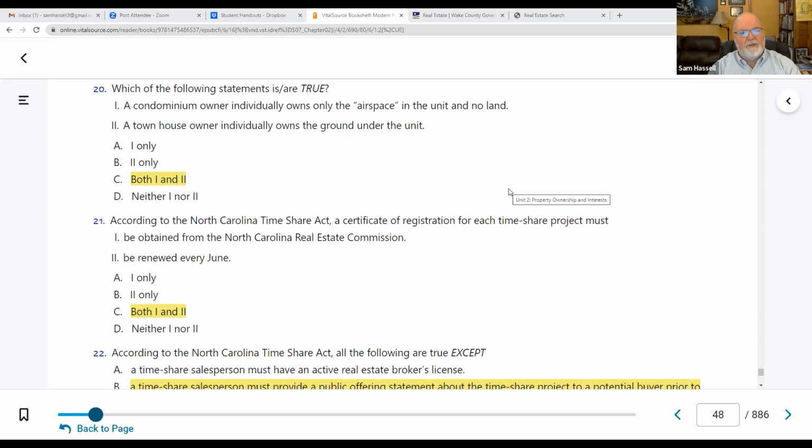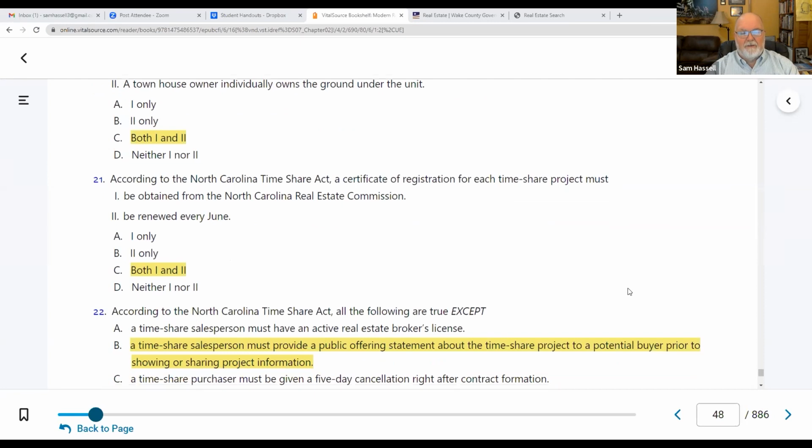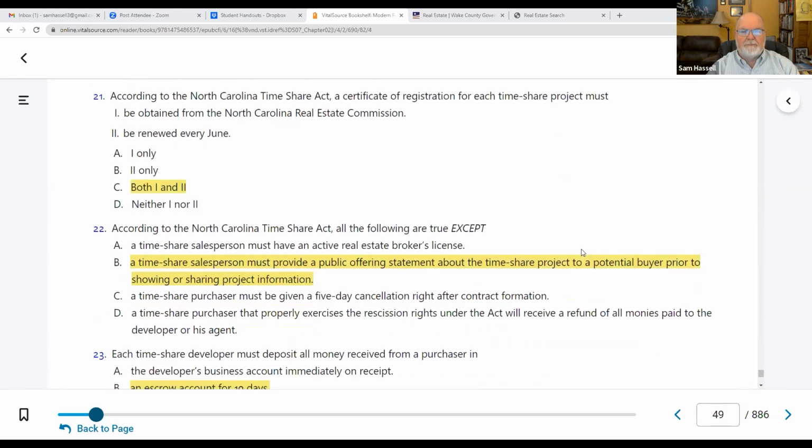And number 2, a townhouse owner individually owns the ground under their unit. Both are true. If you have a townhouse, you own the land underneath your unit. If you're in a condo, you just own the airspace inside your unit. All right? And that's the difference between the two. It's a pretty big difference in pricing. Same thing in measurements if we're doing it.